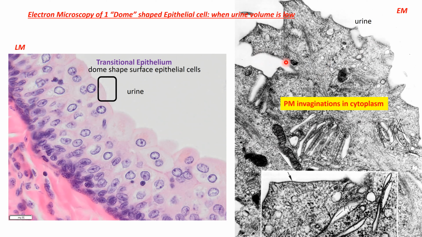Because, as I told you, the surface epithelium can actually invaginate into the deep and hide inside when the urine volume is low. And the plasma membrane looks like these little white balloons inside. You can see it here, here, and here.